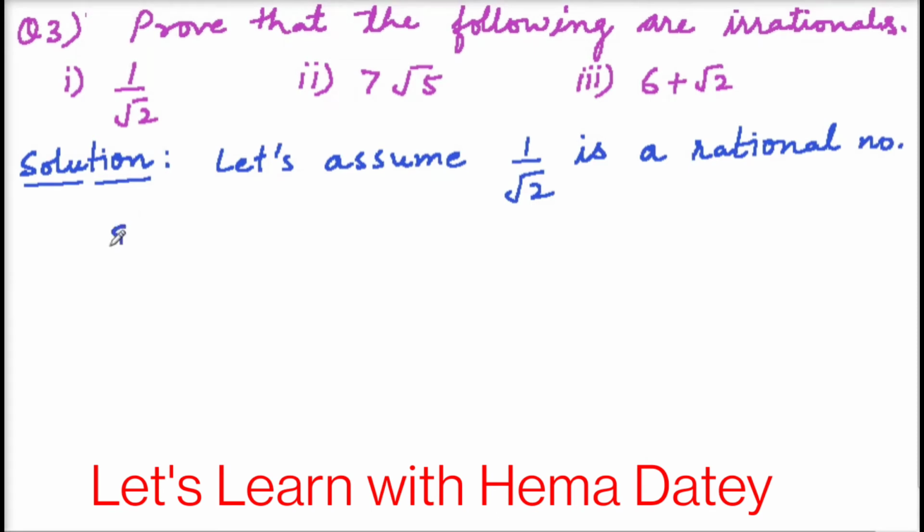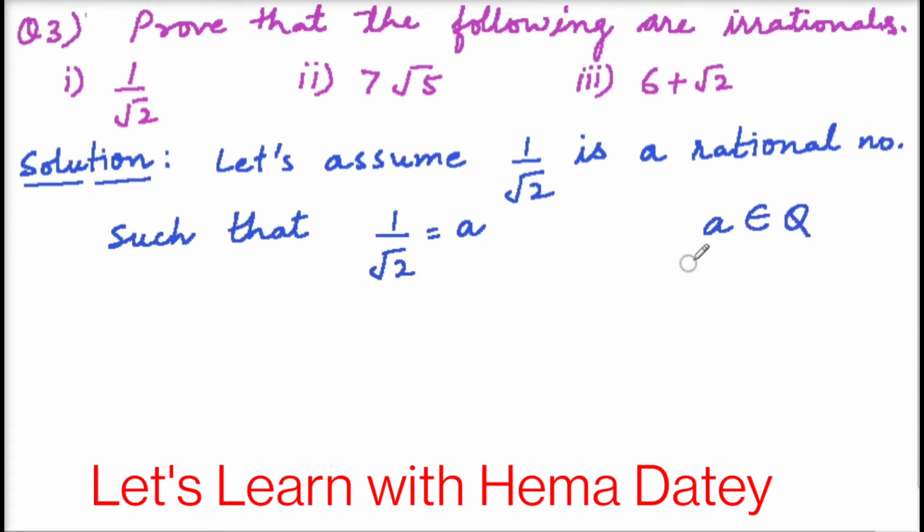So we can write this number as 1 by root 2 equals A, where A is a rational number. A belongs to rational numbers and A is not equal to 0. We can write 1 equals root 2 A, or A root 2.